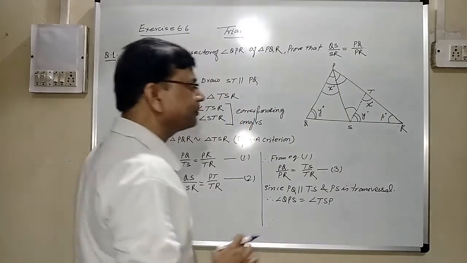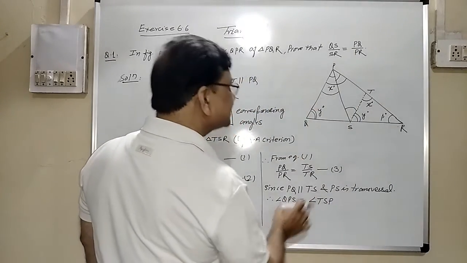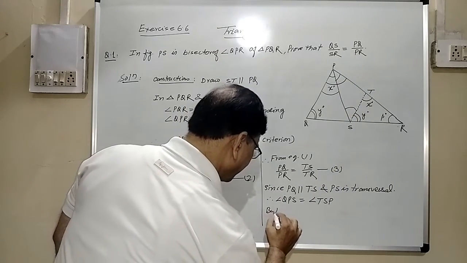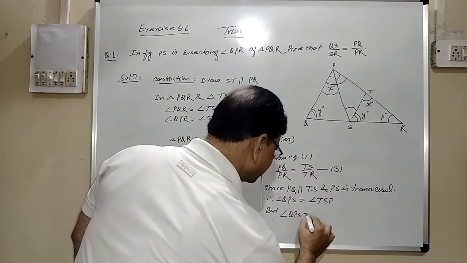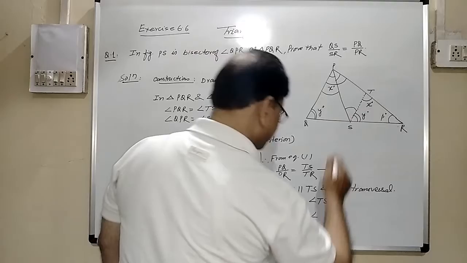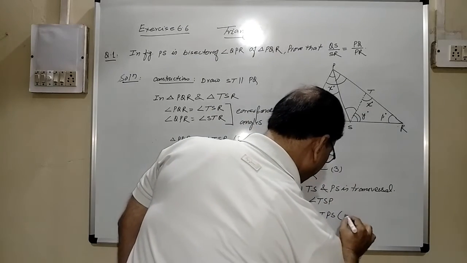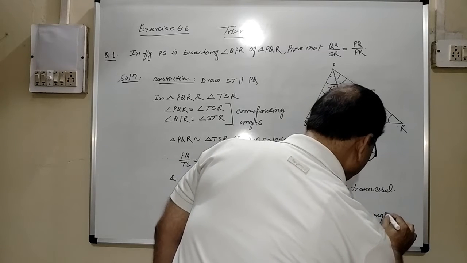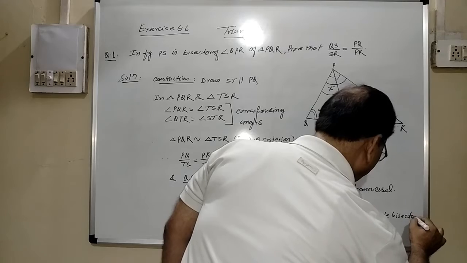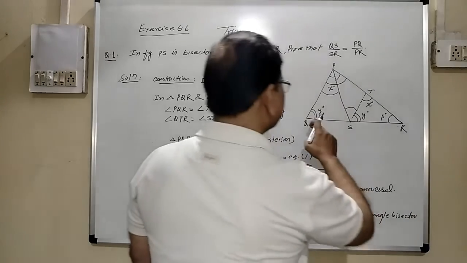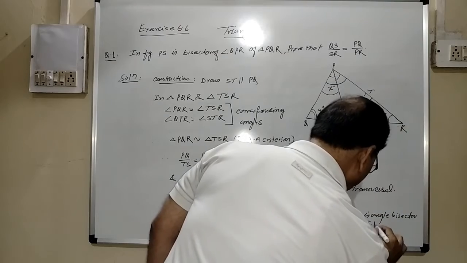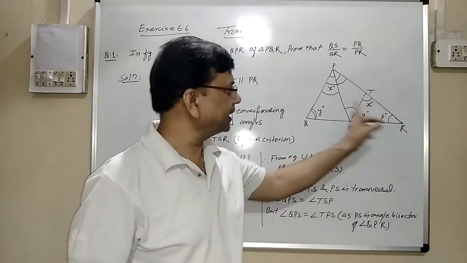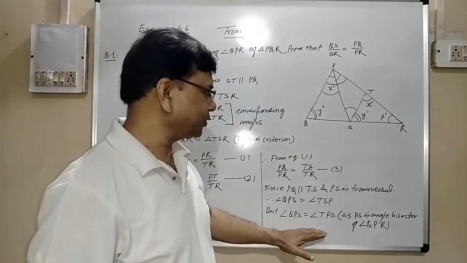These two angles are equal, but angle QPS is equal to angle TPS as PS is the angle bisector of angle QPR. Since PS is the angle bisector of this angle, these two angles will be equal, that I have mentioned over here.